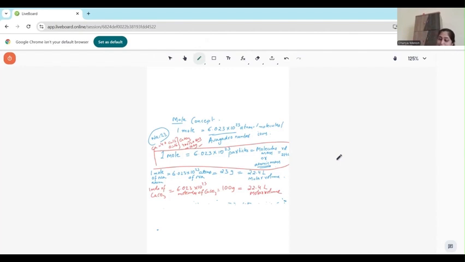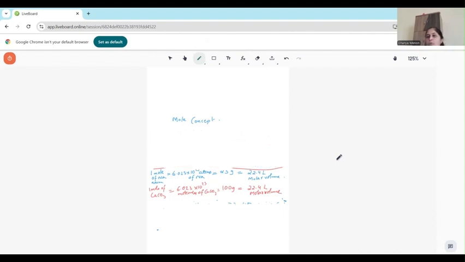Similarly, atomic mass or molecular mass is called molar mass because it is the mass of 1 mole of any substance. So, students, you will come across the word molar mass.